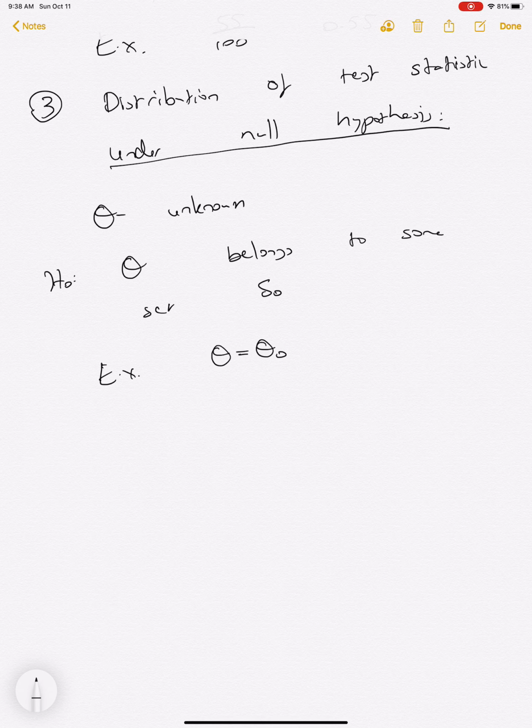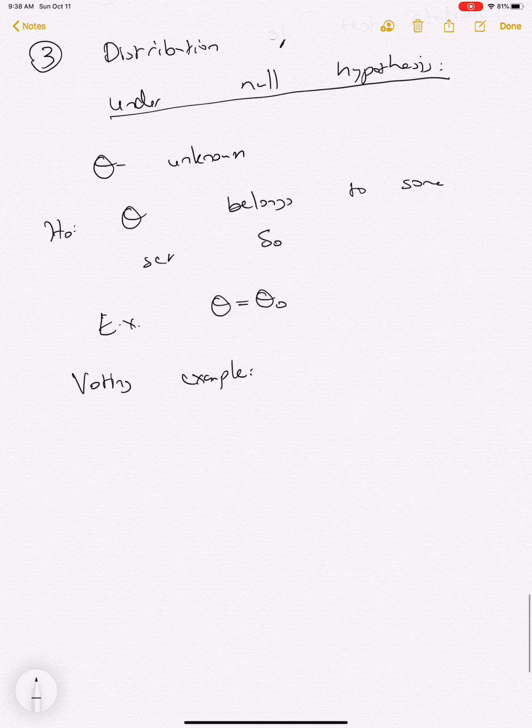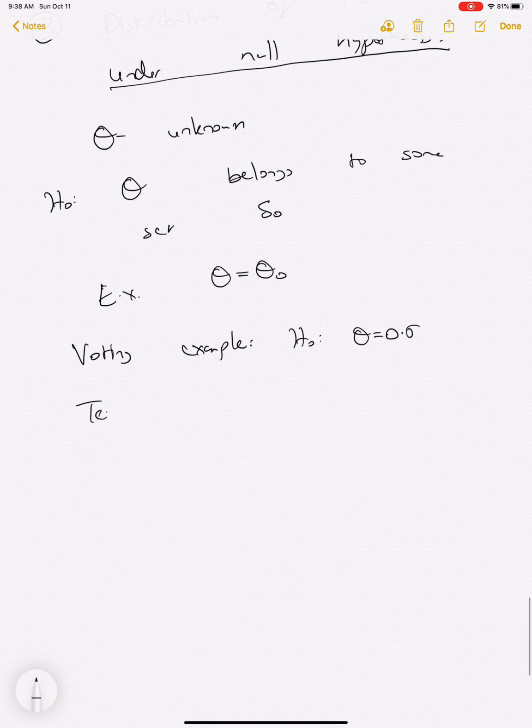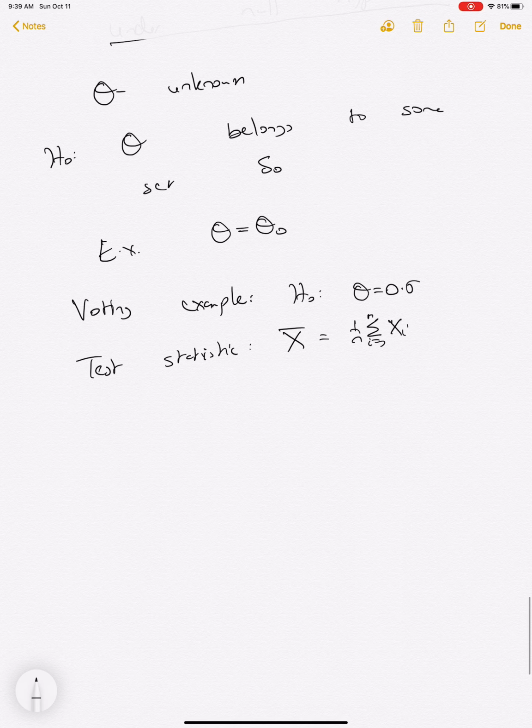Okay, and so in the voting example, we have H naught: theta equals 0.5. And we could say our test statistic is X bar, the mean of the Xi.